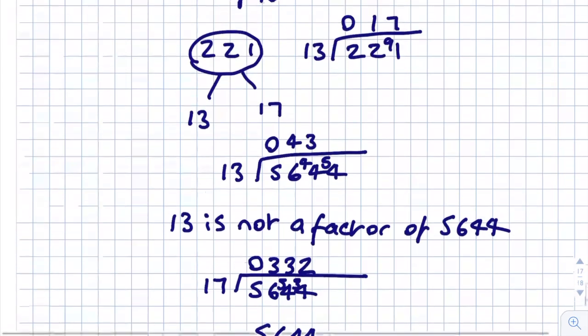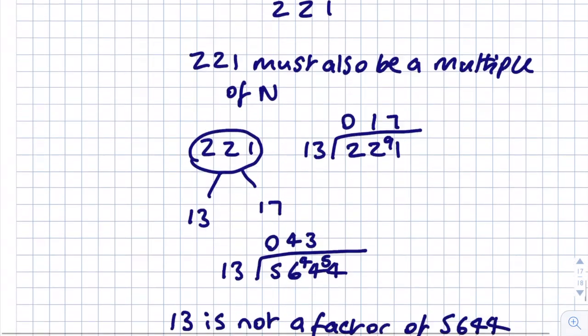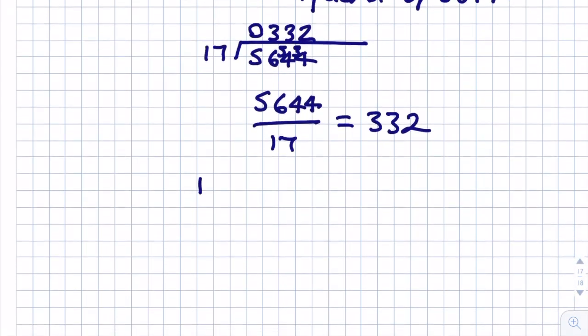Now, it's also got to be a factor of 5865, so let's just test that. 5865. How many 17s go into 50? How many 17s go into 58? 3 with a remainder of 7. How many 17s go into 76? Well, I know 17 times 4 is 68.